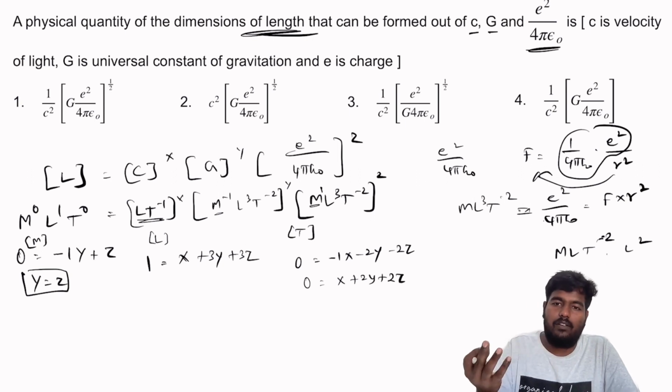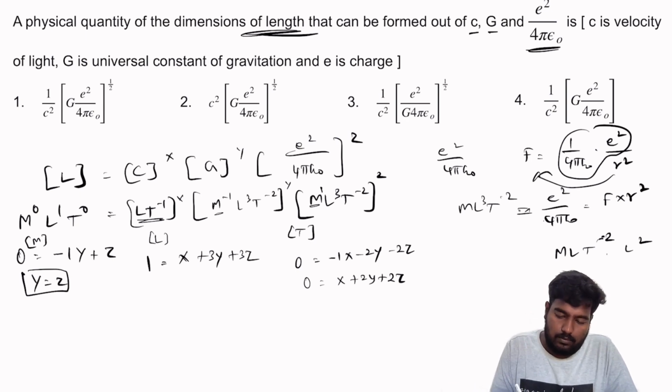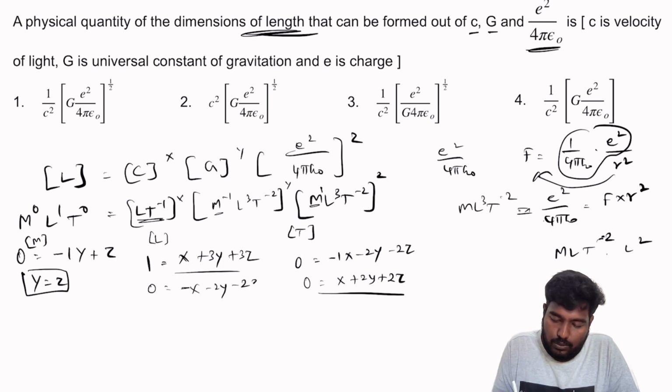So we have three equations, three unknowns. We can find them. So let's substitute. Let's take this equation and subtract: 0 equals minus x minus 2y minus 2z. If I just add, this will cancel.